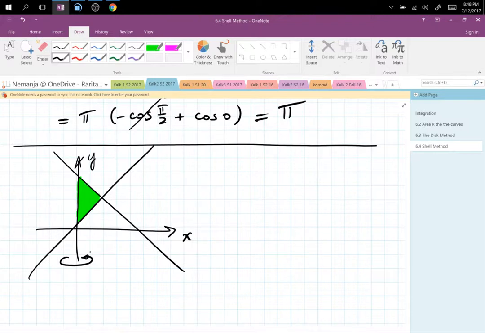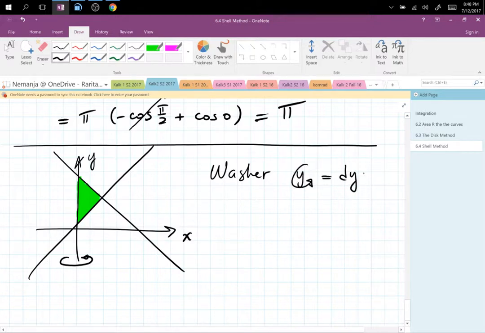Washer method. Why? Washer implies dy, right? If rotation is on y, you have to do dy. If I draw a dy, look what happens. Two integrals.